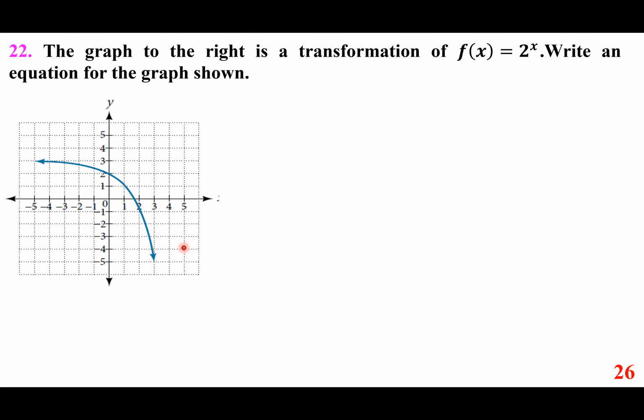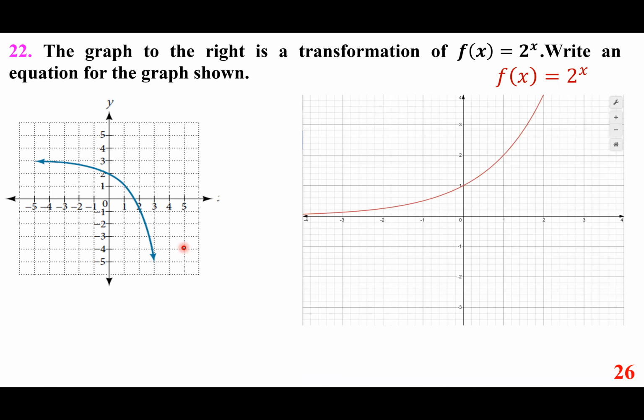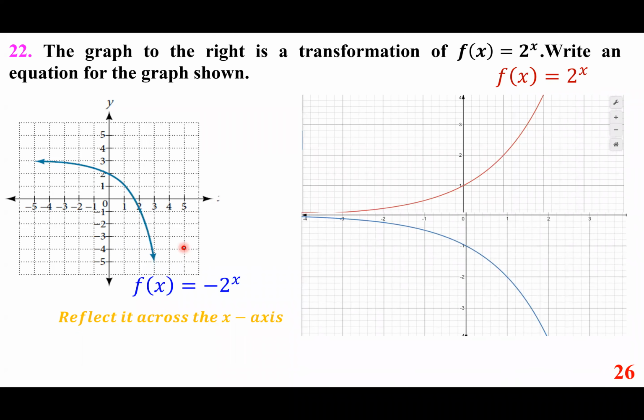Well, we start with the original function f of x, or y equals 2 to the power of x. Whether it's to scale or not, it's not that important. So we are going to start with the reflection across the x-axis. So it looks like that.